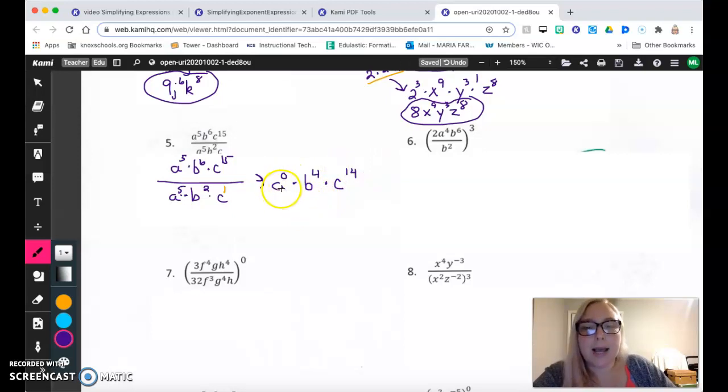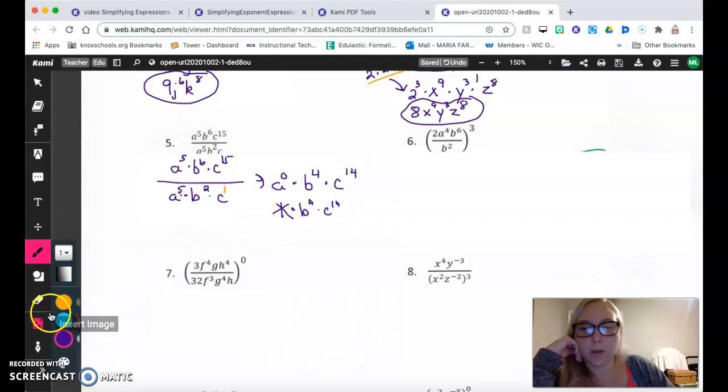Anytime we see something raised up to the 0 power, we need to go ahead and take care of that. So what we're going to do is just turn it to a 1, because anything raised up to the 0 power equals 1. And then we still have b to the 4th times c to the 14th. All that's left is to squish it together. Because this is a 1, we don't even need to list it.